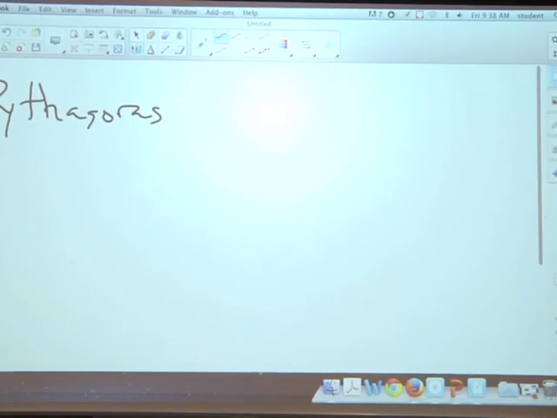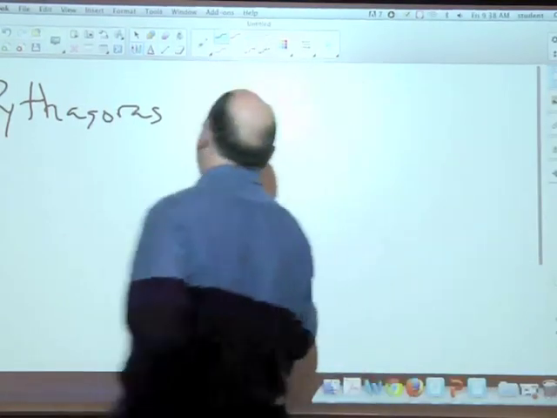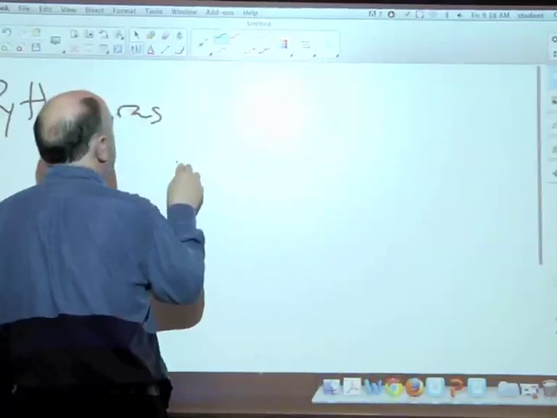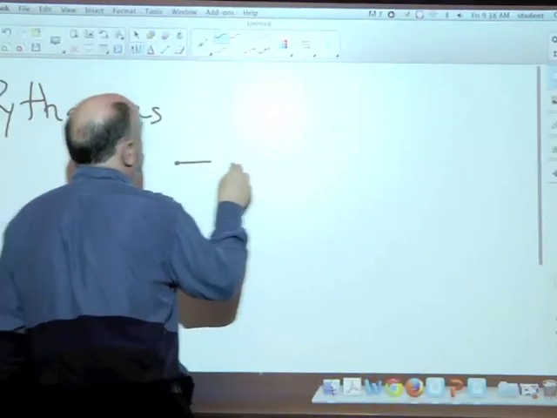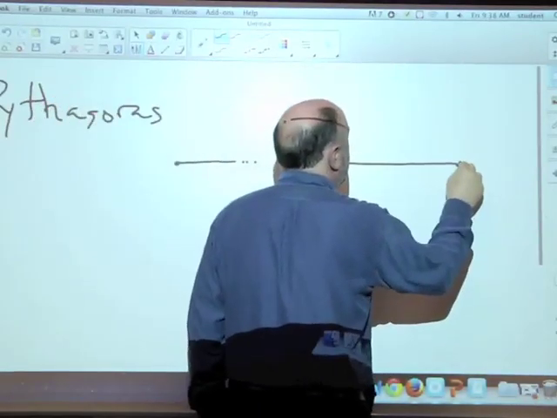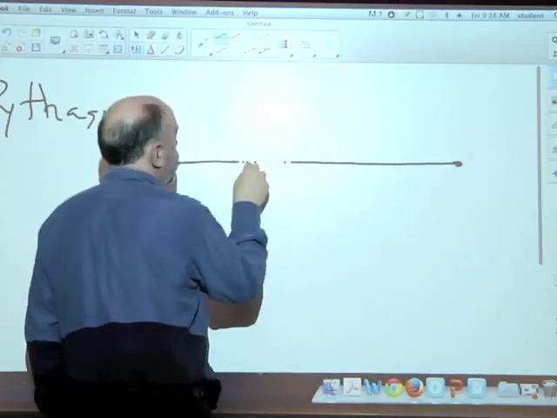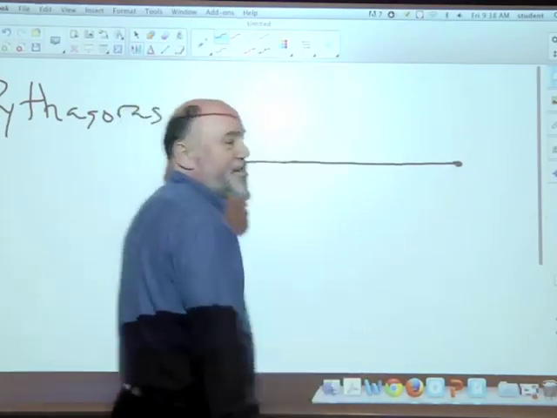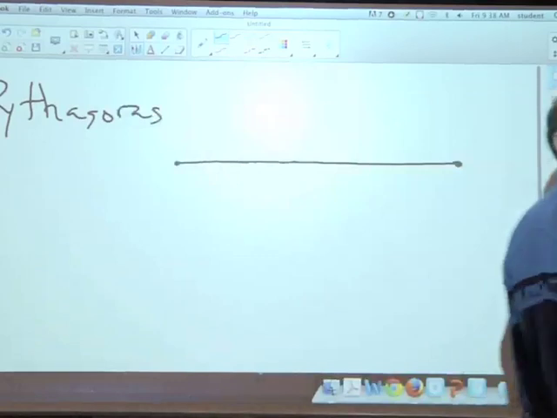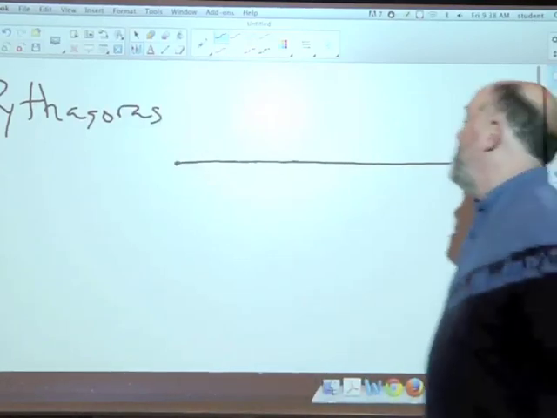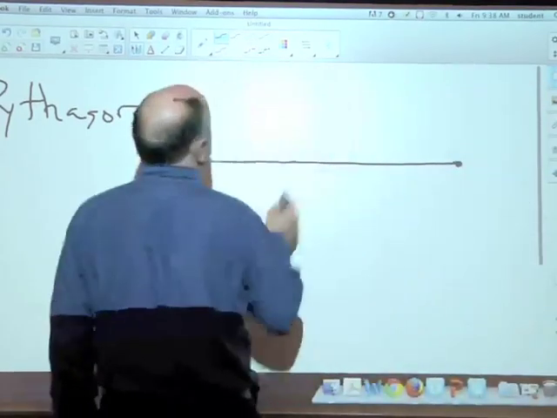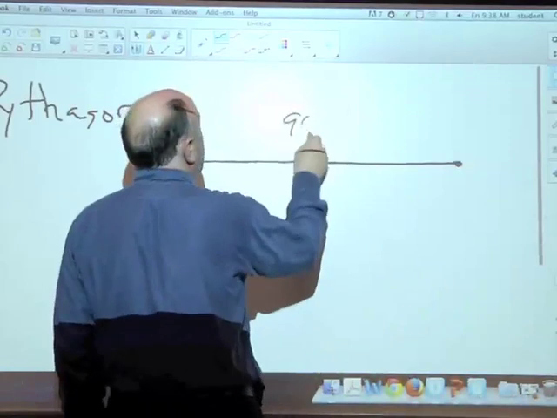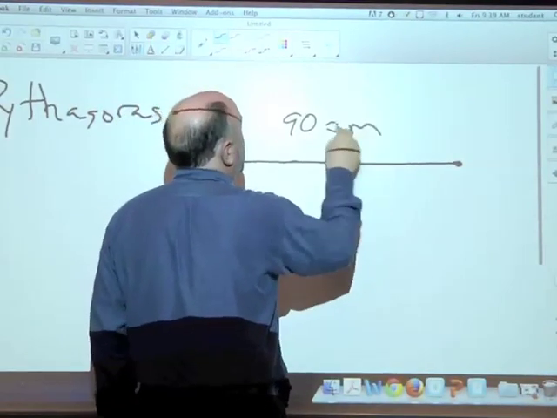He also said that in terms of this, if I have a string of a given length, let's say in terms of the string that it is 90 centimeters long.